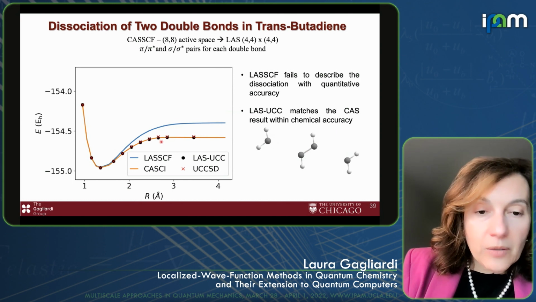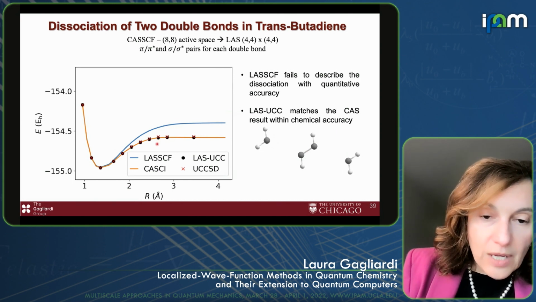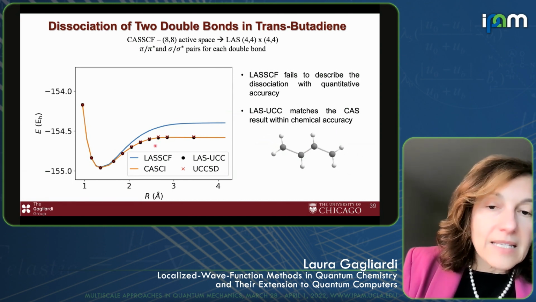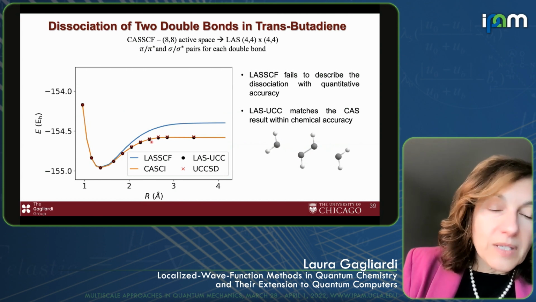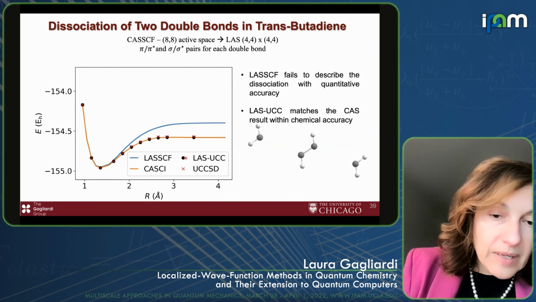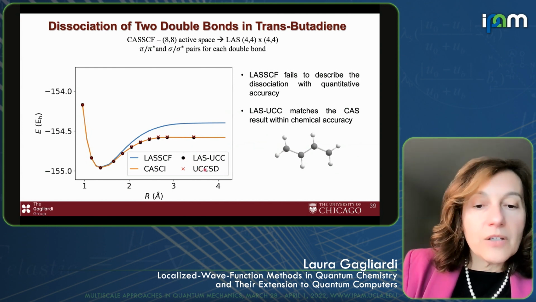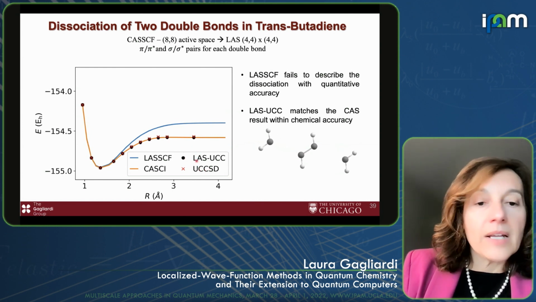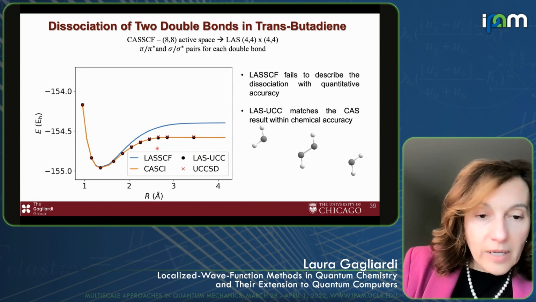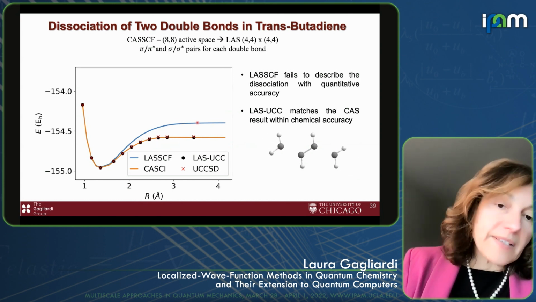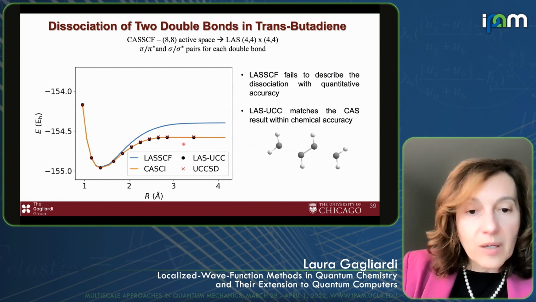On the other hand, here we have also two other sets of data. One is this LAS UCC, and these are the black circles, and the other is UCCSD on the entire system. So the blue really is off. The other three seem pretty good.